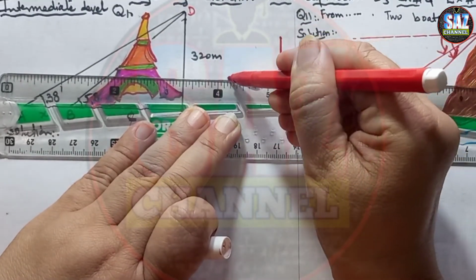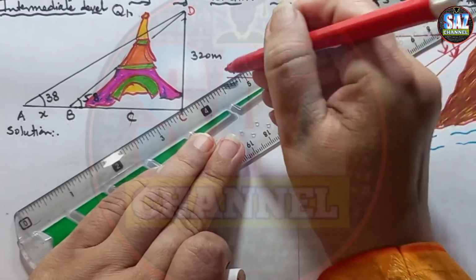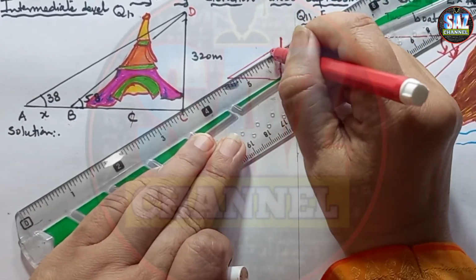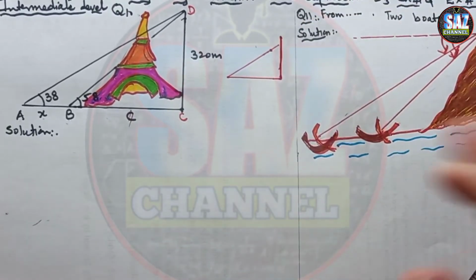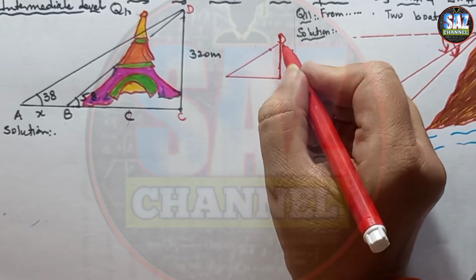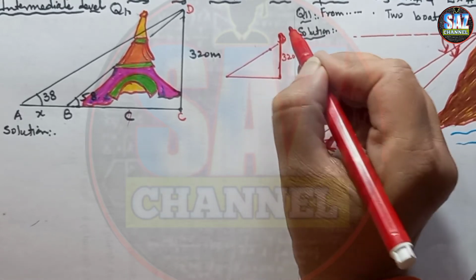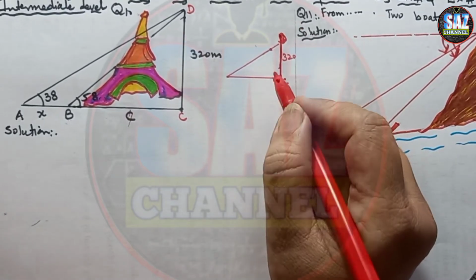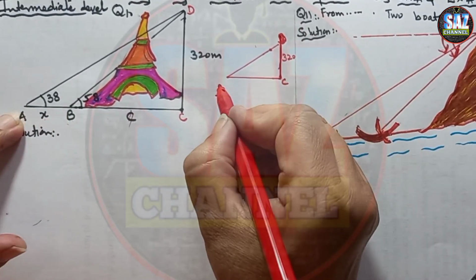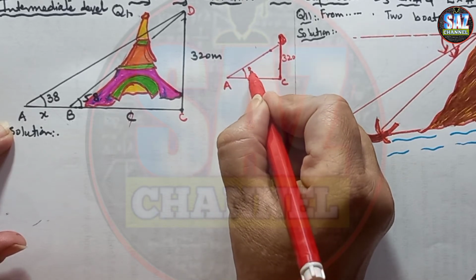In order to draw this triangle, it's always good to make rough sketches so the examiner can understand you're working well. This is the position of point D, and this is 320 meters. This is D, C, and the outer big triangle, this is A, and it has a 38 degree angle over here.